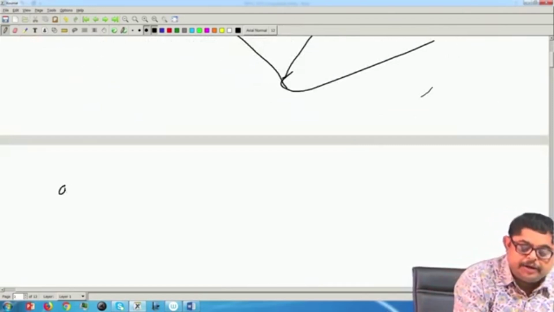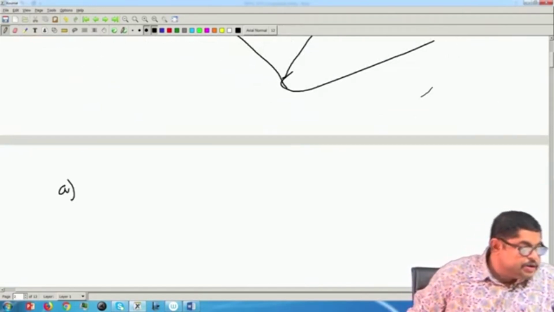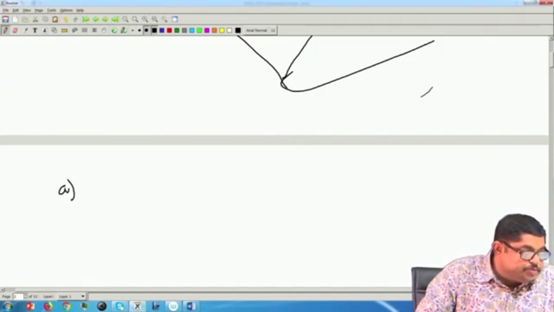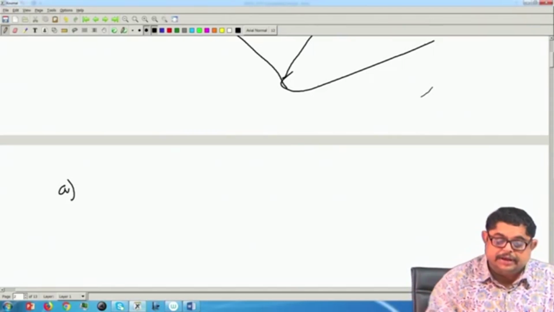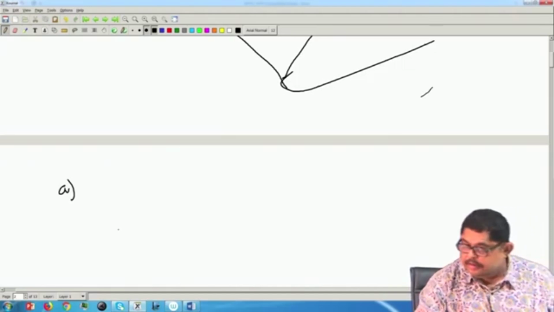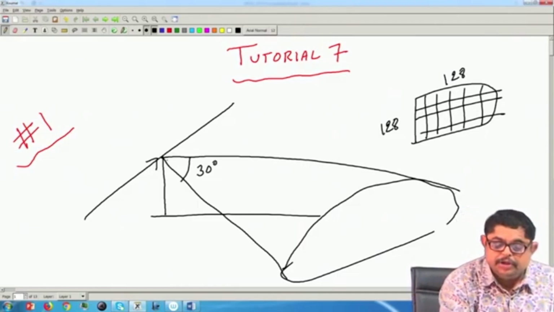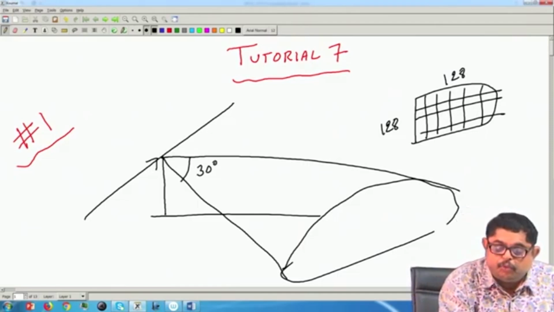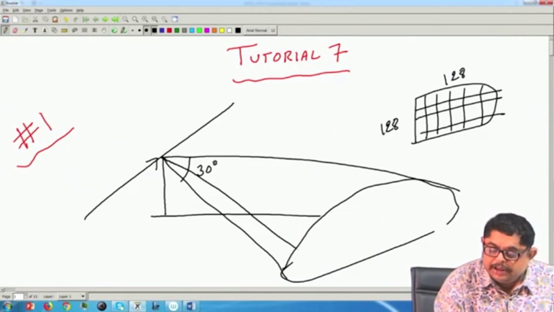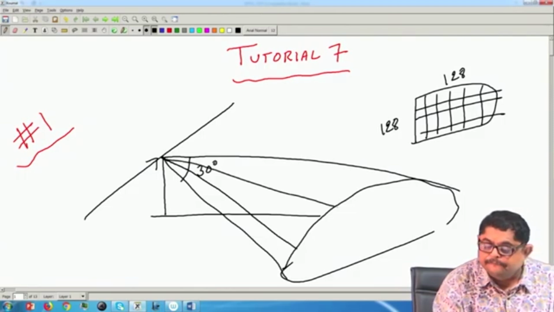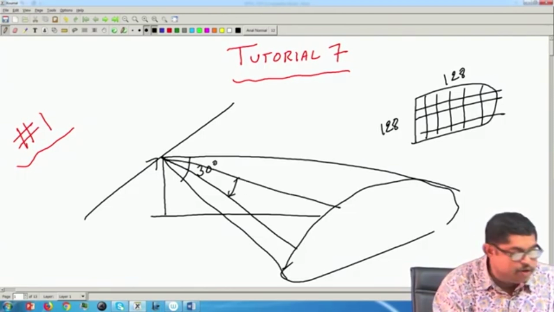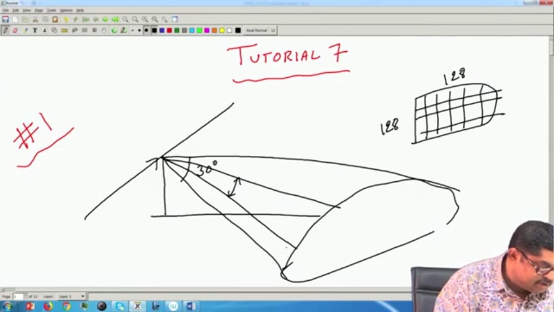The part A question is the number of beams which must be processed to scan the entire sector. Now, when it is flying, one beam width will be something like this.